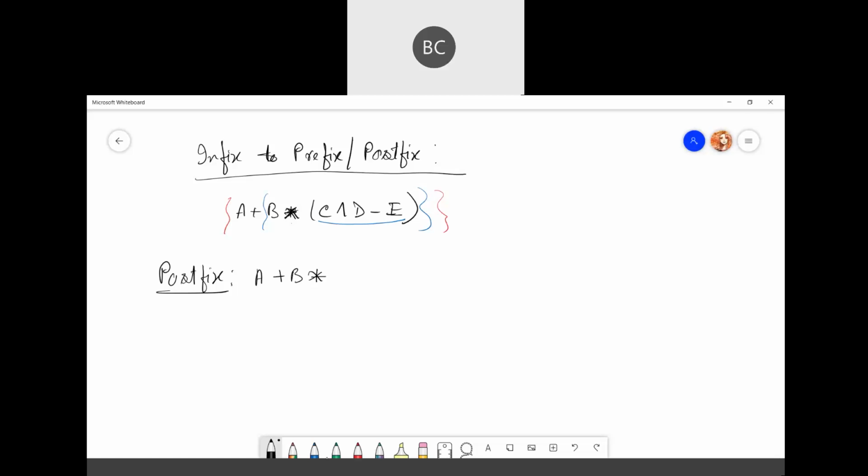In this bracket, you will do this portion first, C D exponential.